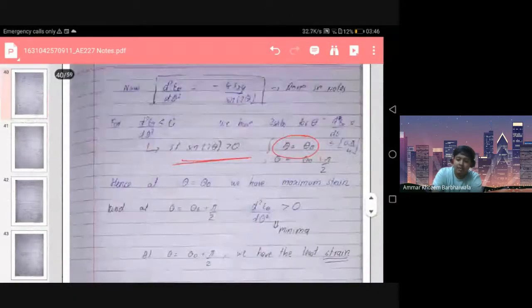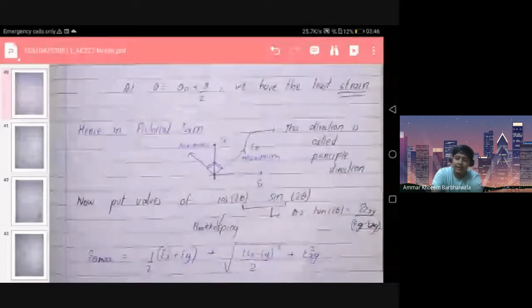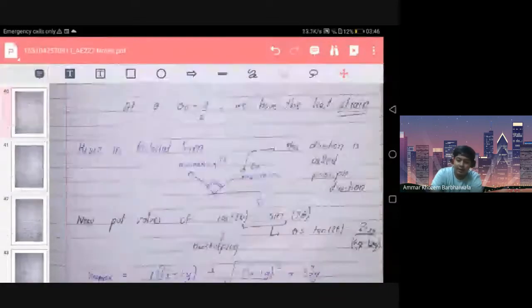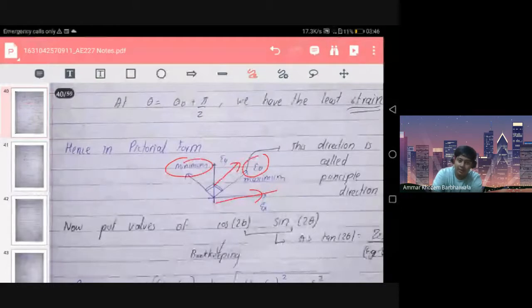If I were to represent it graphically, here is epsilon x, and here is epsilon y, and there is this maximum at a point at epsilon theta, and in the perpendicular direction to epsilon theta, there is a minimum at that point. We denote the direction in which there is maximum strain as the principal direction.